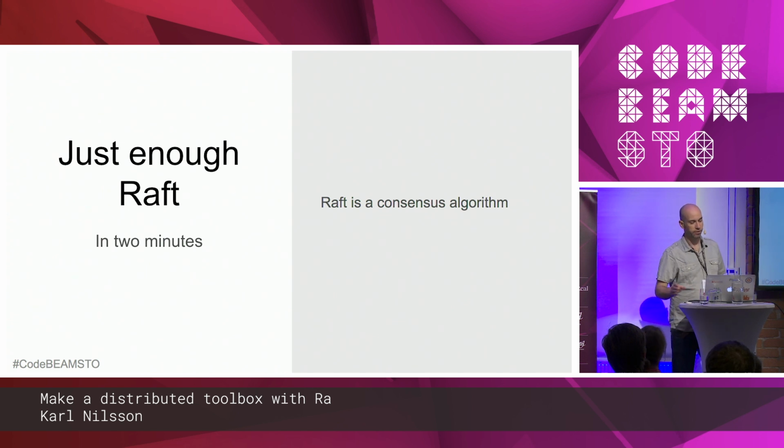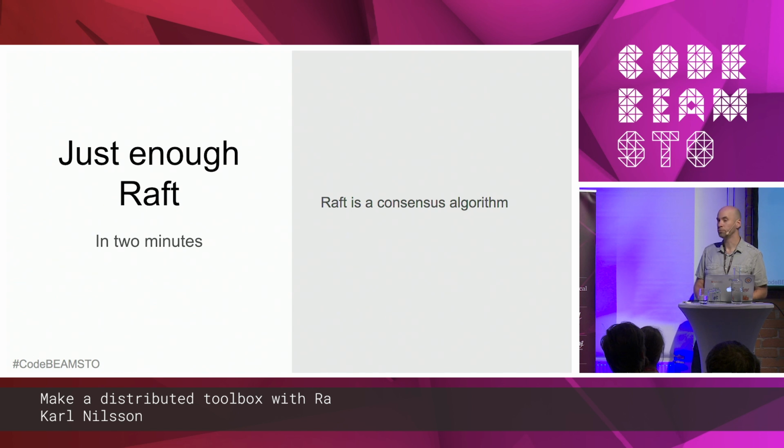So I do appreciate that not everyone will be familiar with Raft or how it works, and it's probably enough of a topic for an entire talk. But I'm going to try to cover it in a couple of minutes, so that at least people who are not familiar with it will have some view of parts of it. So Raft is a consensus algorithm.